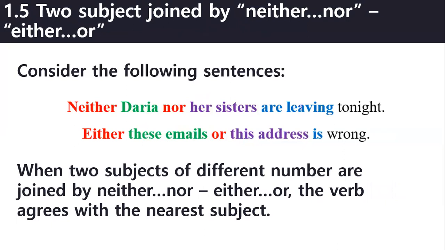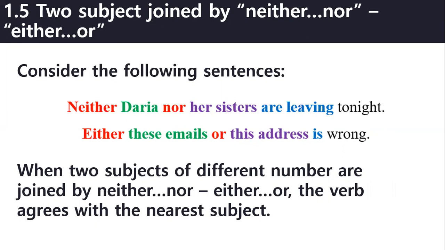The fifth case is for two subjects joined by neither, nor, either, or. In sentences: neither Daria nor her sisters are leaving tonight. Either these emails or this address is wrong.